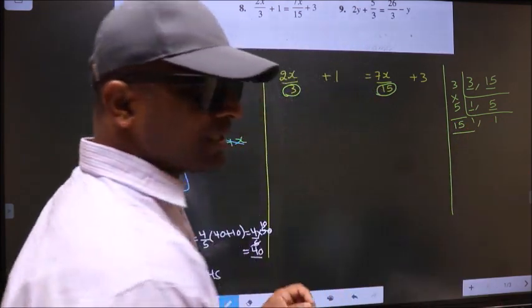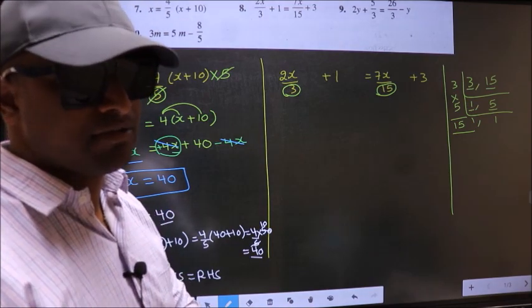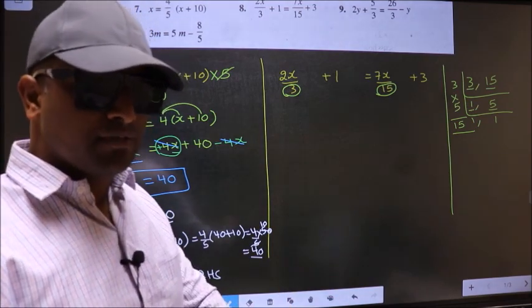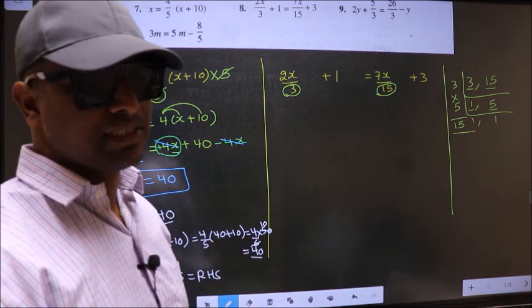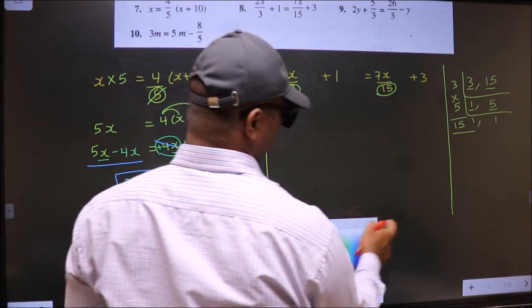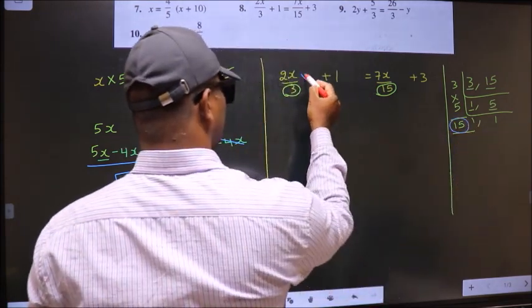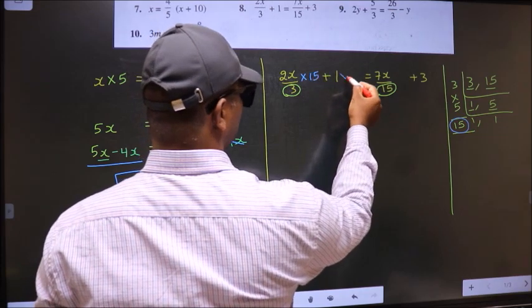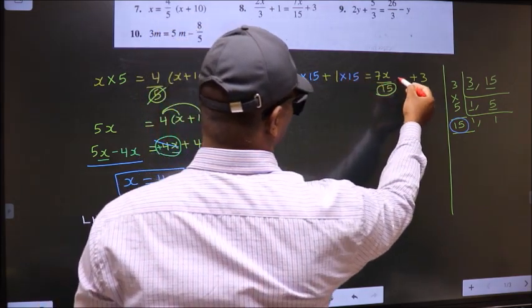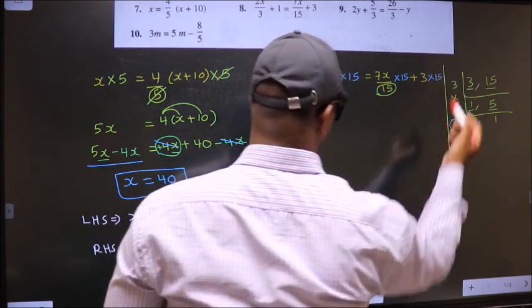Okay. To remove the denominators, we have taken the LCM. Now, to each term, you should multiply with the LCM. What I mean is, we got LCM to be 15. So, in each term, you should multiply by 15. Clear? Each term, multiply by 15.